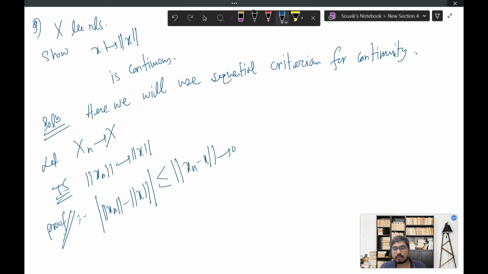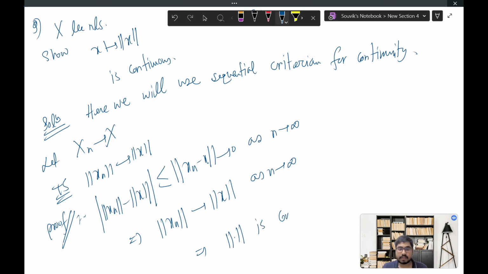And this converges to 0 as n tends to infinity. This implies norm xn converges to norm x as n tends to infinity. This implies the norm is continuous. So this problem can be done this way.